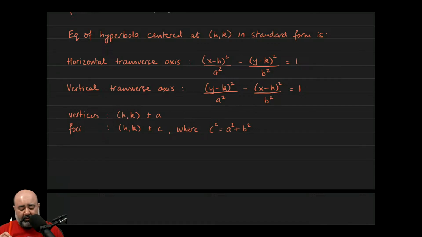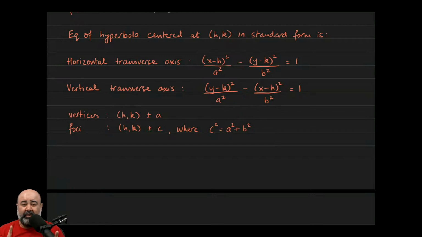So if that line is a horizontal line, then we call it a horizontal transverse axis. And if it's a vertical line, because the two pieces are on top of each other and the vertices have to be connected with a vertical line, then we call that a vertical transverse axis. So if the transverse axis is horizontal, then we use this first equation. It's the exact same thing as that of an ellipse, but with a minus in the middle.